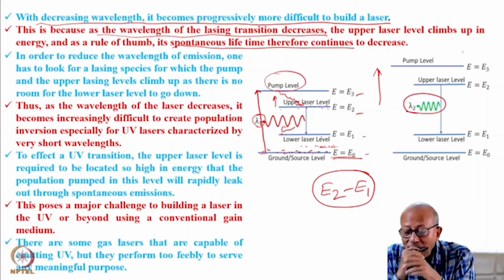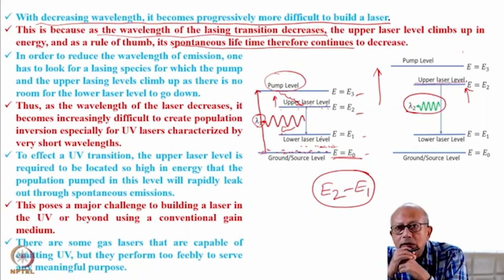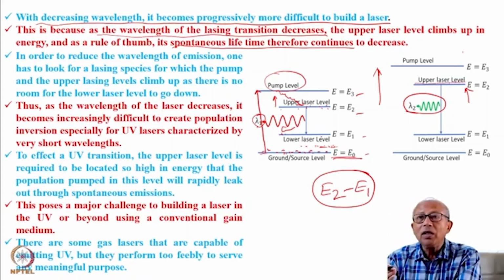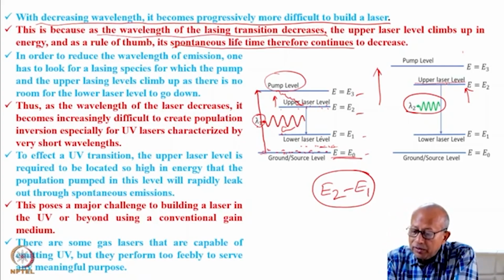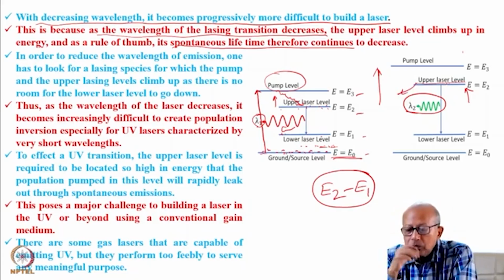But then the problem that occurs is that as we raise this level up in energy, its spontaneous lifetime reduces. It becomes increasingly difficult to store energy here. Energy will leak out as a result of spontaneous emission. So that is why it is increasingly difficult to make a laser at shorter and shorter wavelengths.